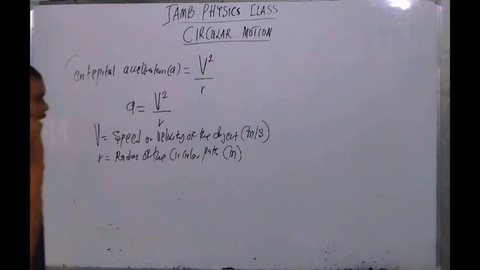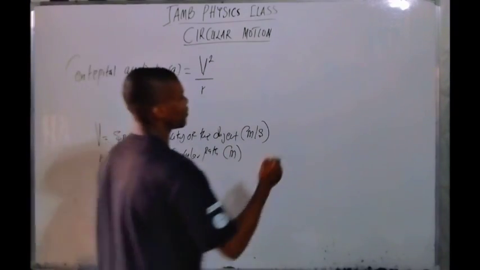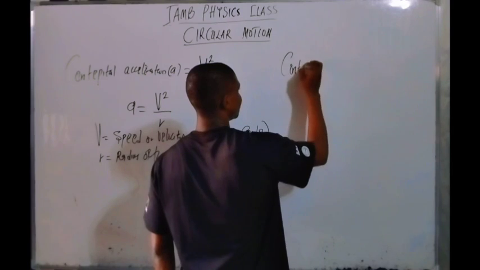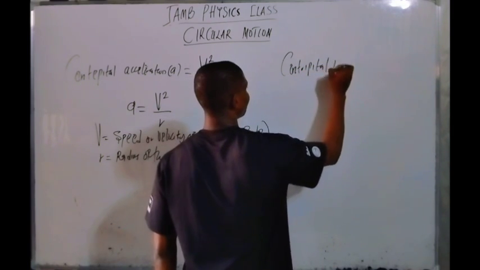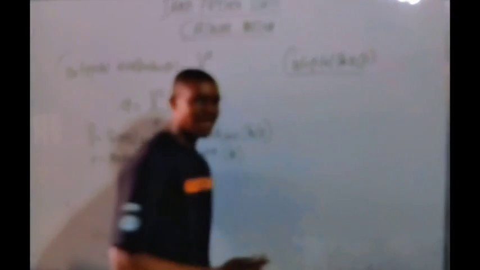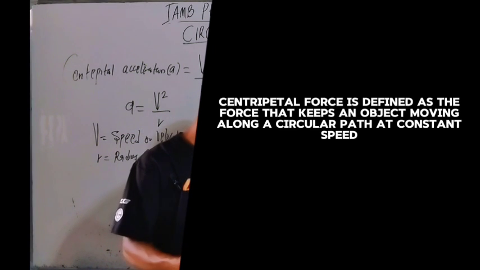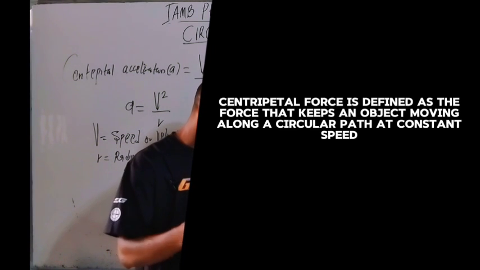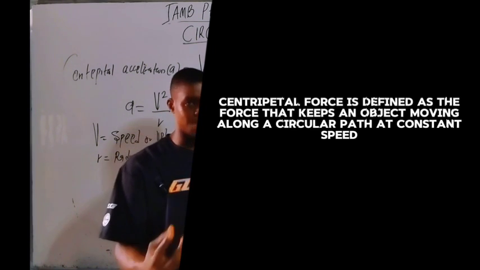Another thing I want you to understand here is centripetal force, F. Now, what is centripetal force? Centripetal force is defined as the force that keeps an object moving along a circular path at constant speed.